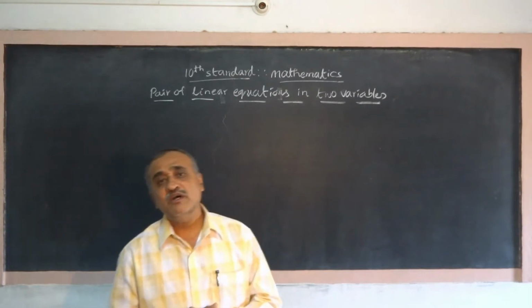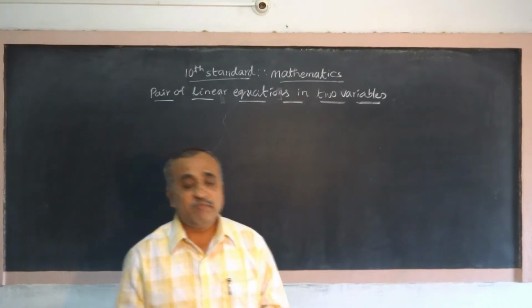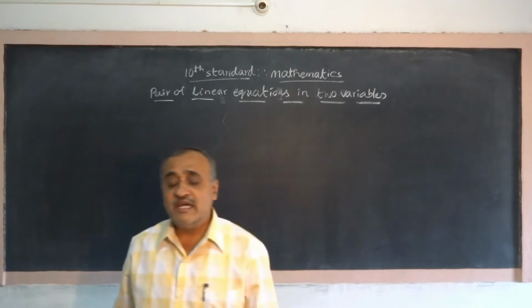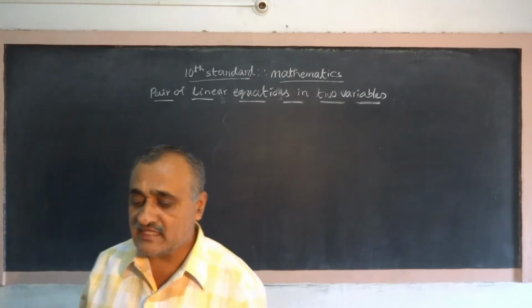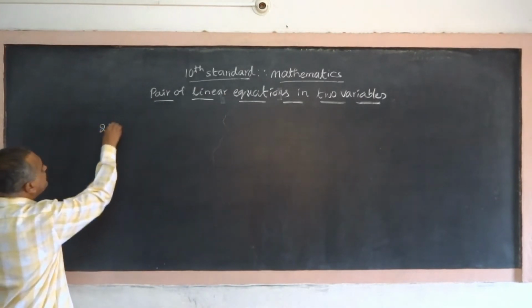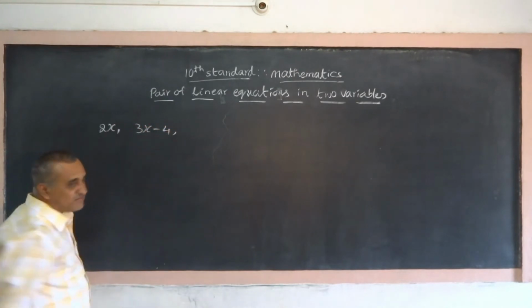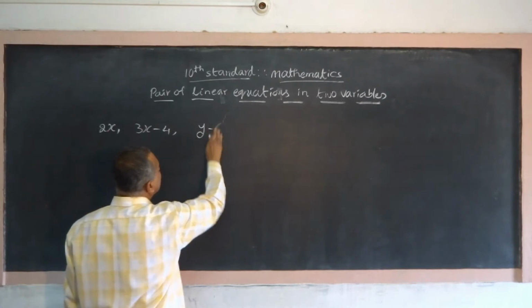Okay? So now let us pass on to the next concept in mathematics. What is the next concept? Now let us take some examples. Let us take 2x, 3x minus 4, y minus 5.